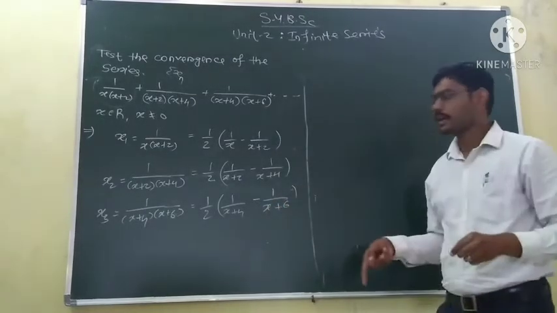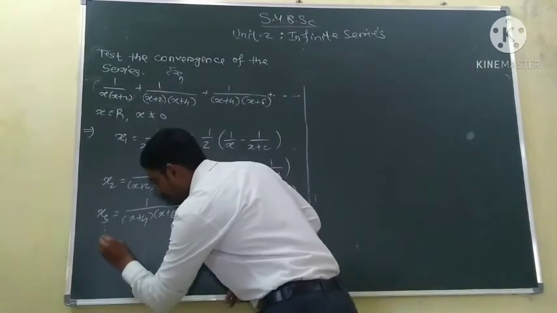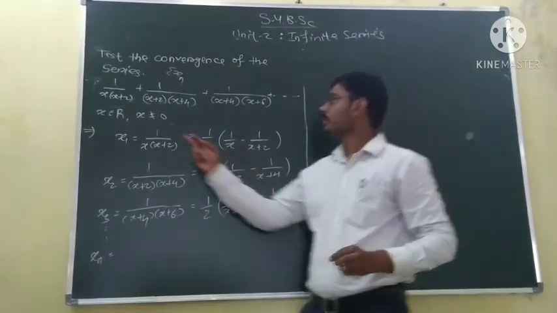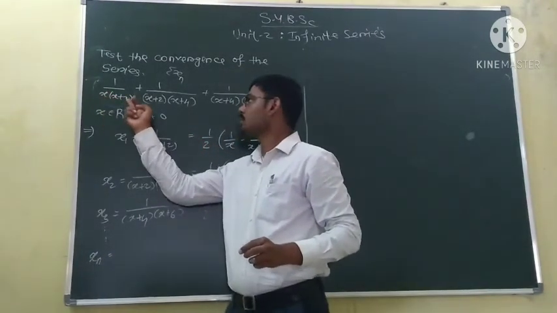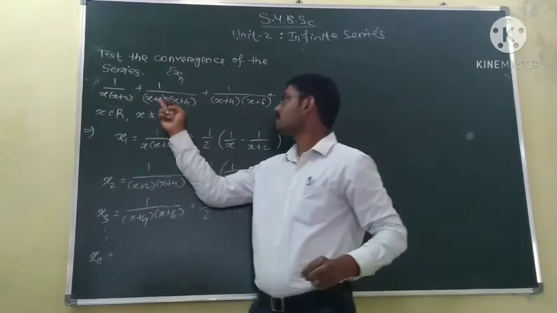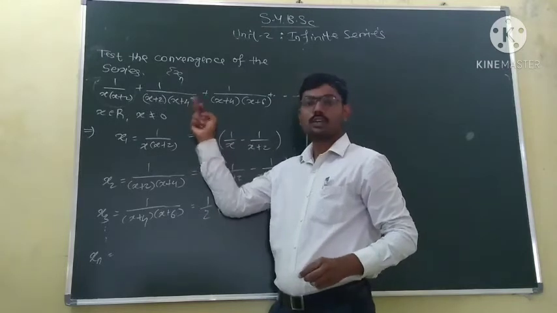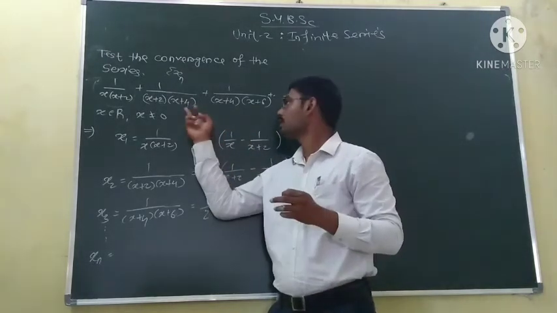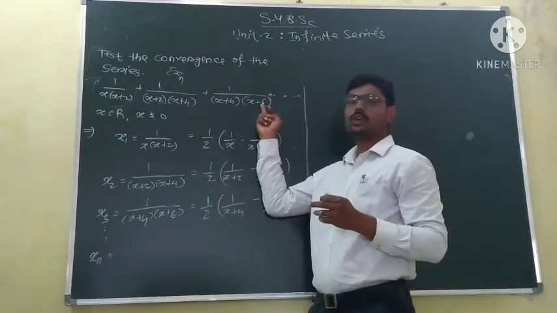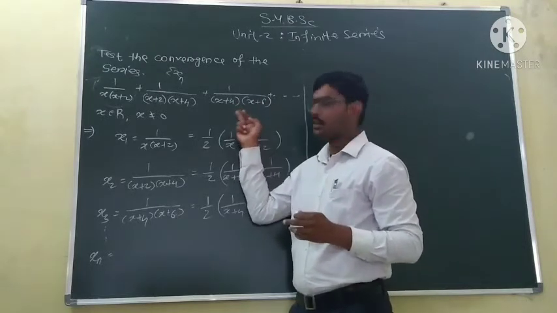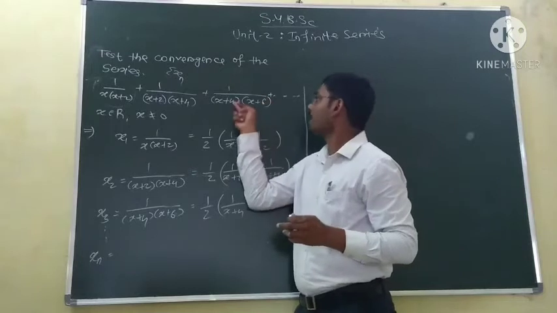Continuing in this way, our nth term xn will be as follows: in the first term there is x plus 2, in the second term x plus 4, so 2 times 2, and 2 times 3 in the third term.